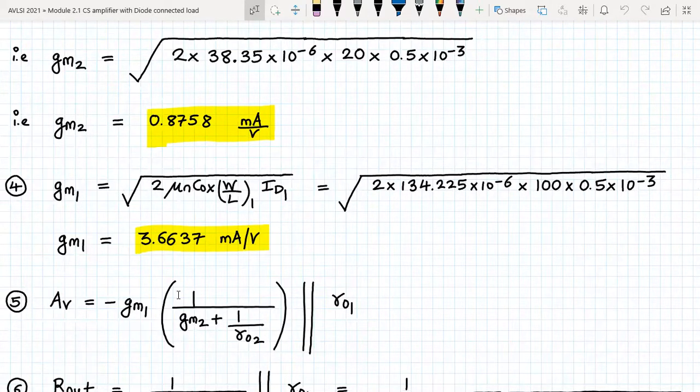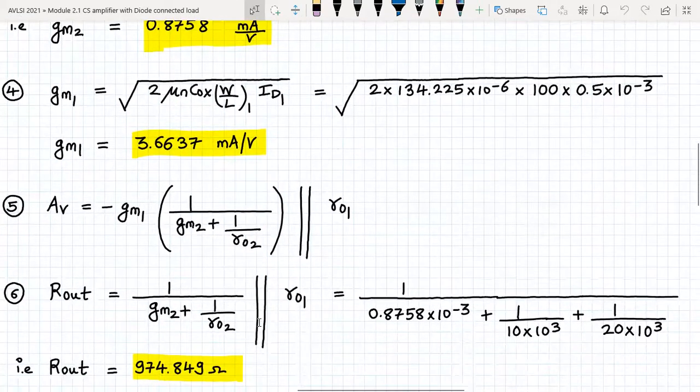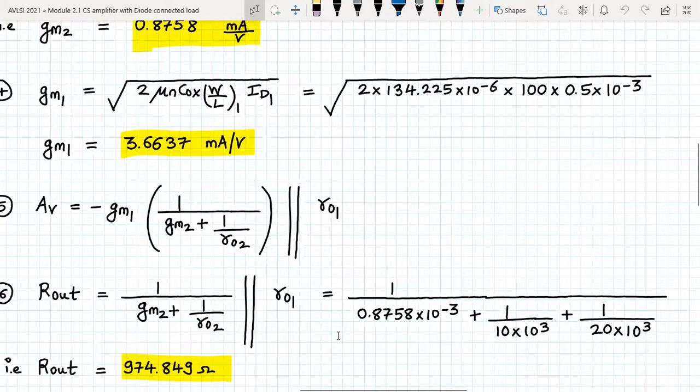But now the exact formula is AV equal to minus GM1 into the quantity 1 upon GM2 plus 1 upon RO2, the whole parallel to RO1. We call this entire term R out, and we calculate R out individually.